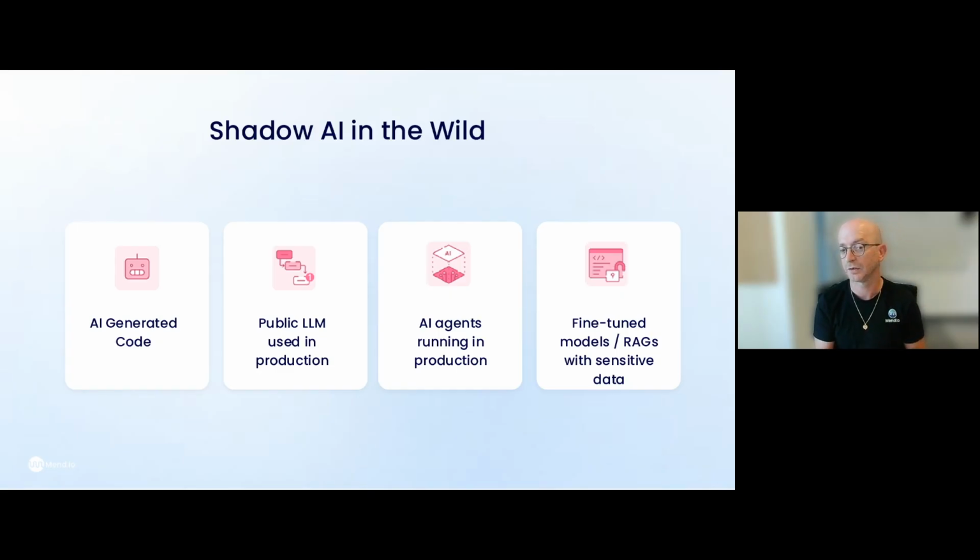And we see a lot of usage of fine-tuned models and RAGs with sensitive data that are being part of this agents ecosystem. And again, the fact that the agents and the models behave autonomously and a lot of times in an unpredicted way and have access to this sensitive data, all of that puts a lot of risks on the usage of them.